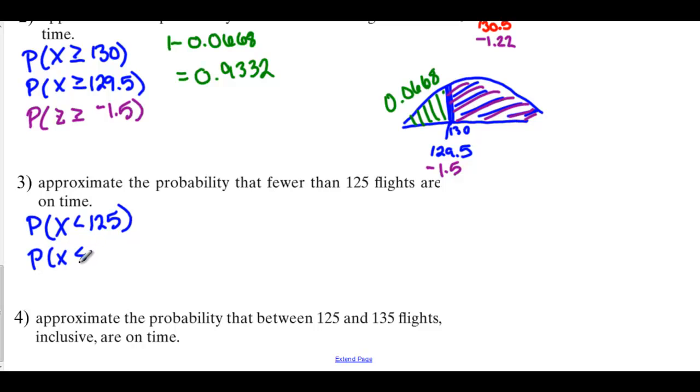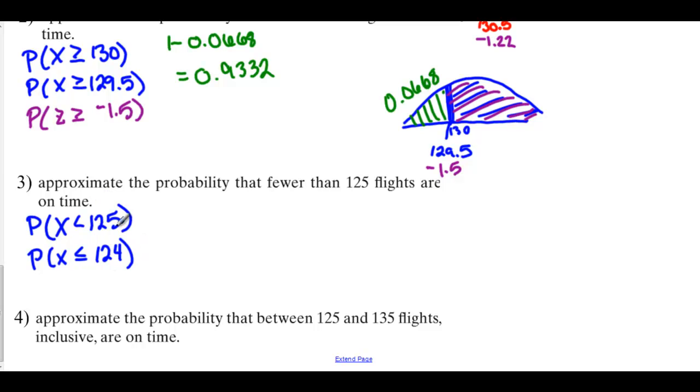Well, hang on. So almost. That's the same thing as less than or equal to 124 flights, because you have to be strictly less than 125. Because it's a binomial experiment, it's only whole numbers. Less than 125 means 124 or fewer.